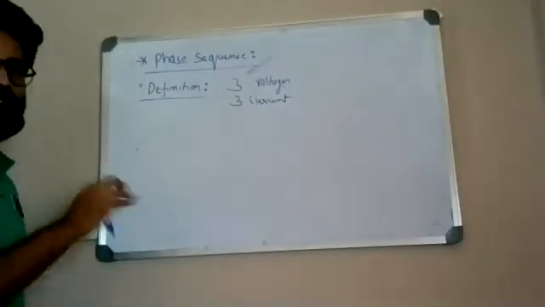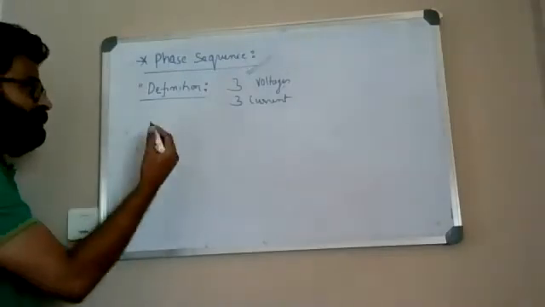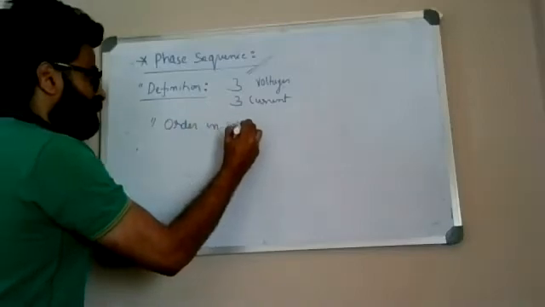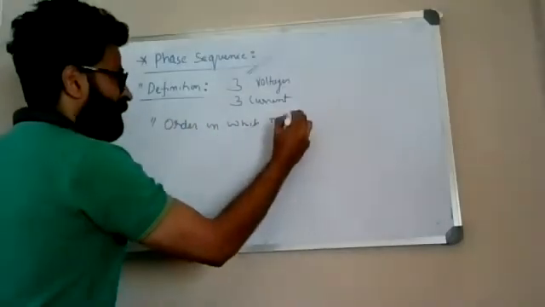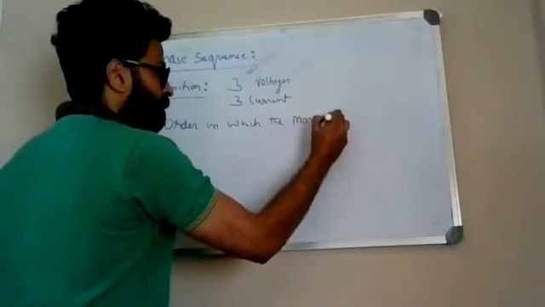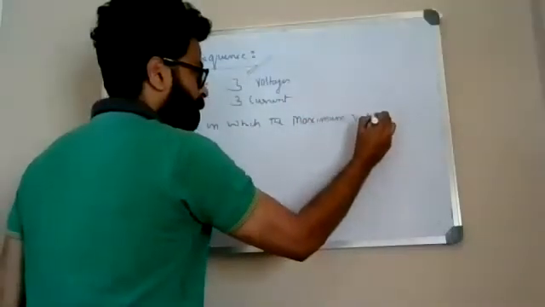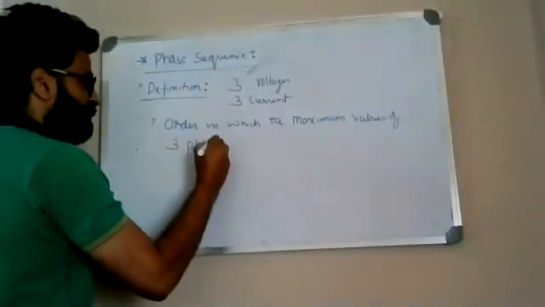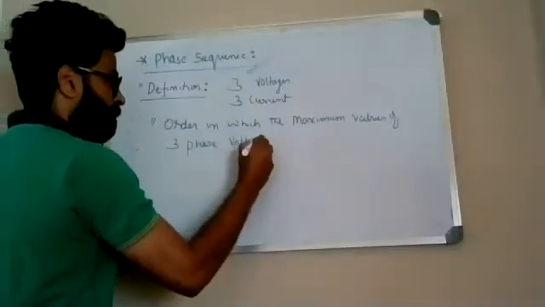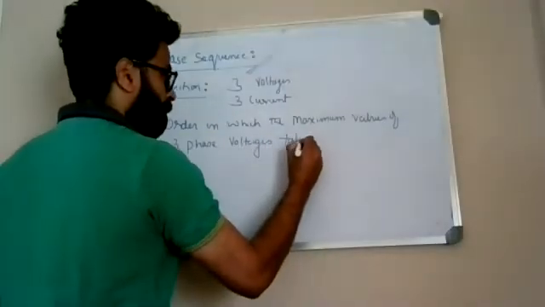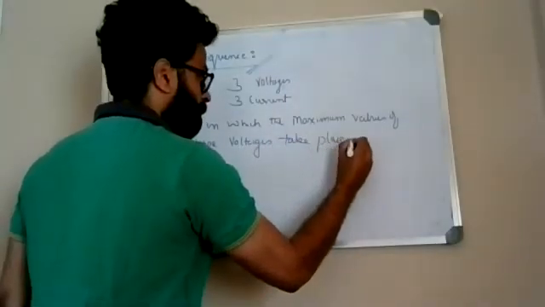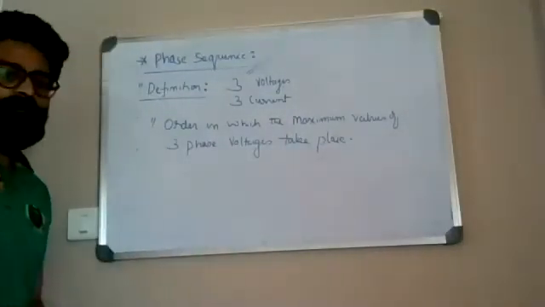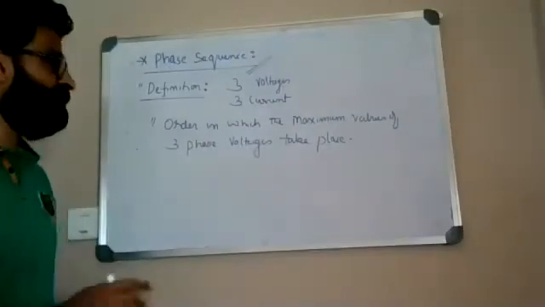So phase sequence definition is nothing but it basically gives the order in which the maximum values of three-phase voltages take place. Okay. It just talks about the order in which the maximum values of three-phase voltages take place.